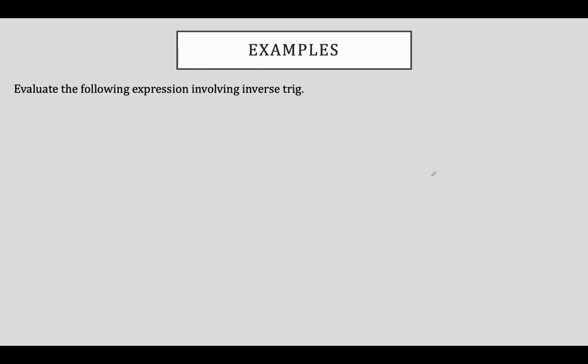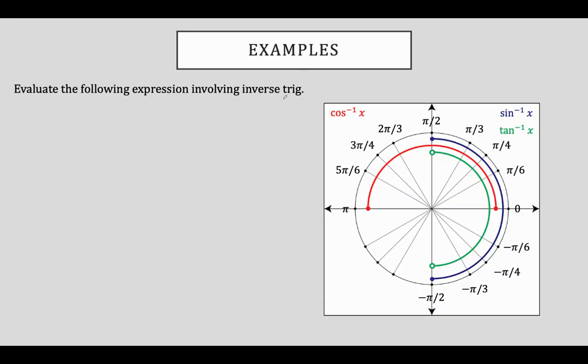All right, so let's see if we can figure out how to evaluate some inverse trig functions. Evaluate the following expressions involving inverse trig. I've kept this graph on the right-hand side for your reference because, again, think about where the angles that you are going to get out are coming from, your outputs. Arcsine of 0.